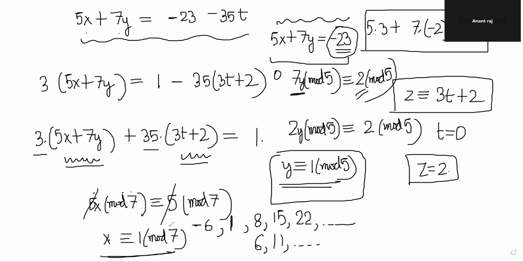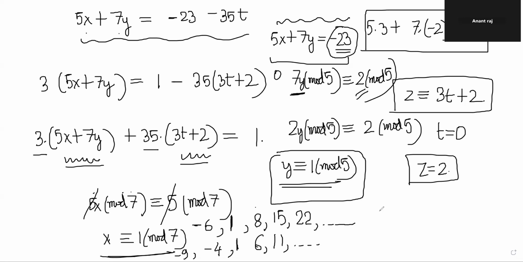That was for x, mod 7. And for y, mod 5, it will be 1, then -4, -9, -14, -19, -24, right?